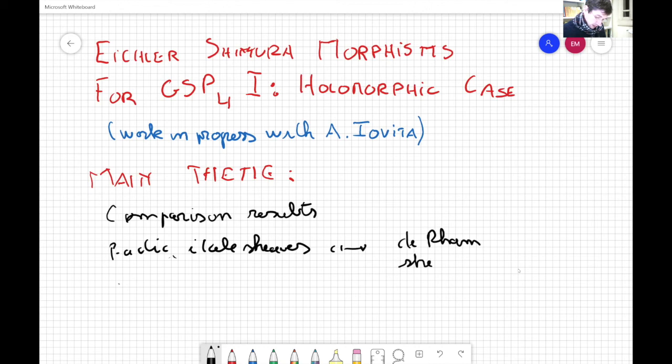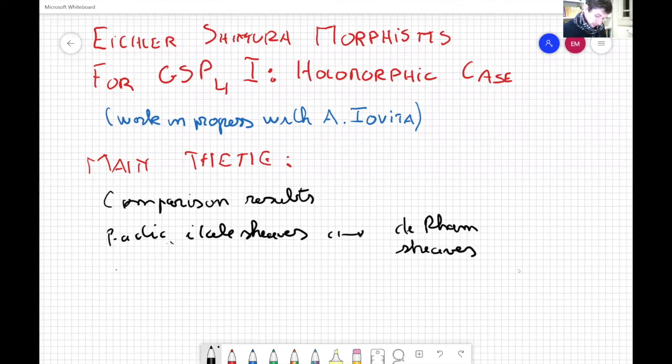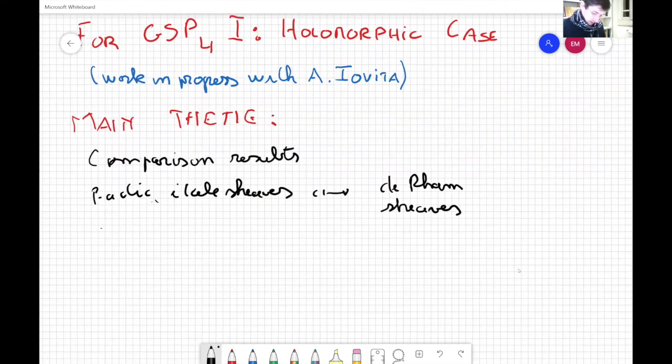With Glenn Stevens, we did sort of coherent sheaves only, but then with the subsequent work with Adrian, we upgraded those results to de Rham coefficients, so having also connections.